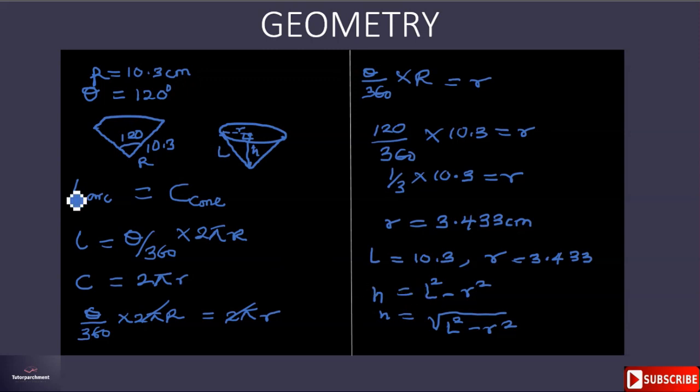h square is equal to L square, which is the slant height of the cone, minus r squared. You know the slant part of the cone is the same thing as the radius of the sector. So from here, we can calculate, and that moved us to this particular one.